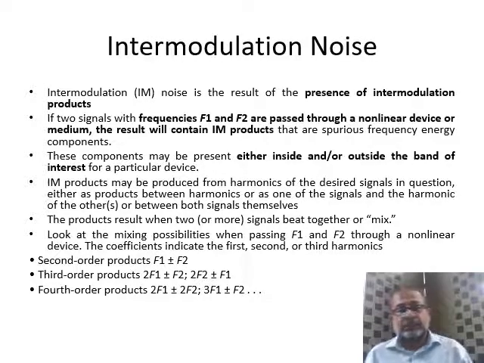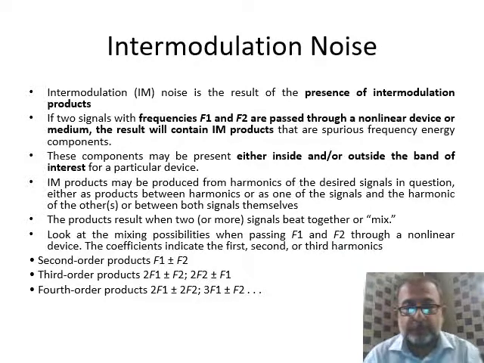Now let's see what is the second type of noise. The second type of noise is the intermodulation noise. Intermodulation noise is the result of the presence of intermodulation products. If two signals with frequencies f1 and f2 are passed through a non-linear device or medium, the result will contain intermodulation products.